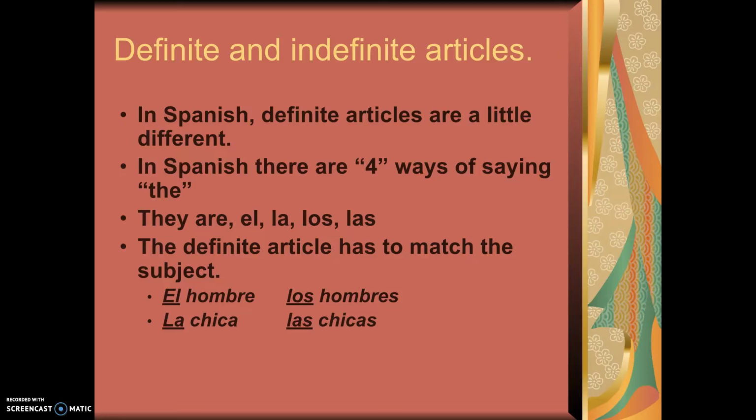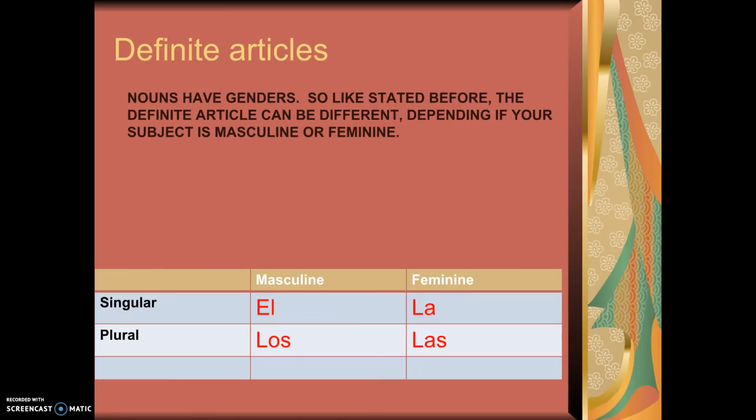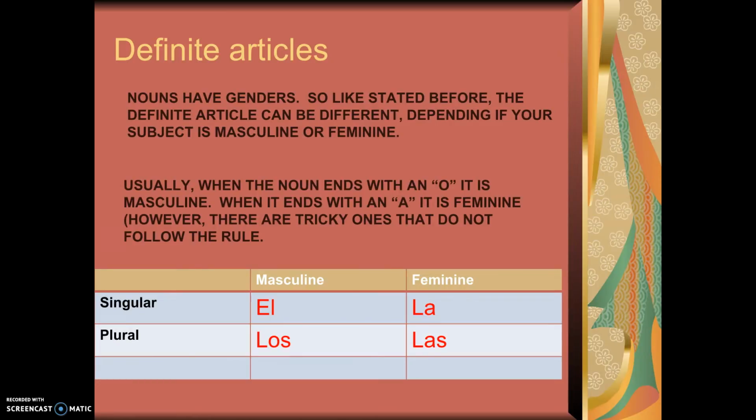Now when we talk about subjects, they have gender and number, so they have to agree with gender and number. Nouns have genders. Like I said before, definite articles can be different depending on whether your subject is masculine or feminine.